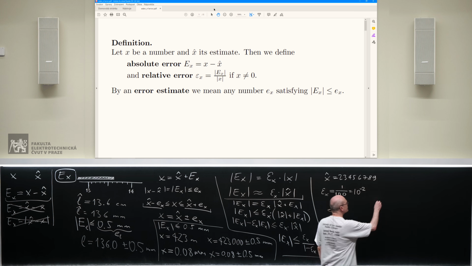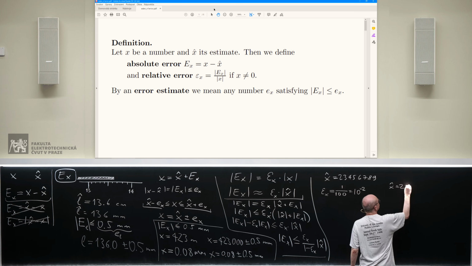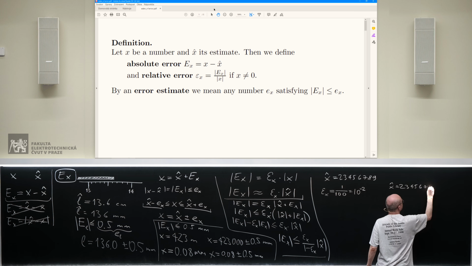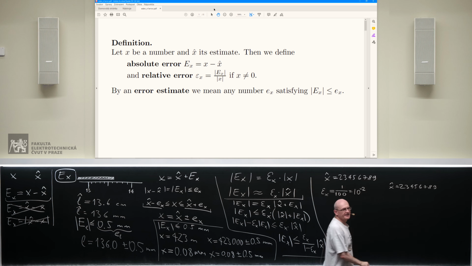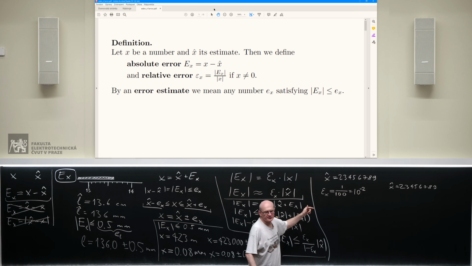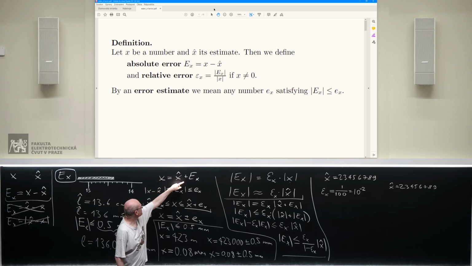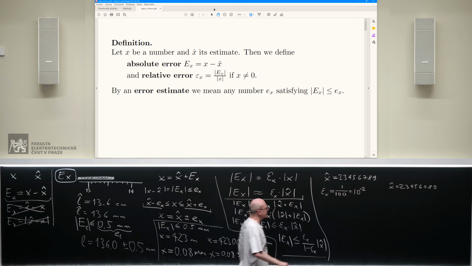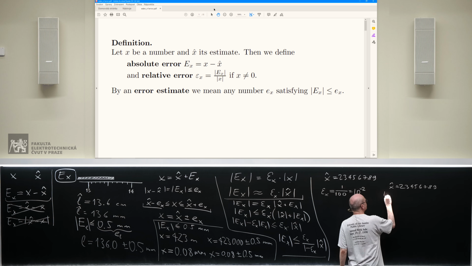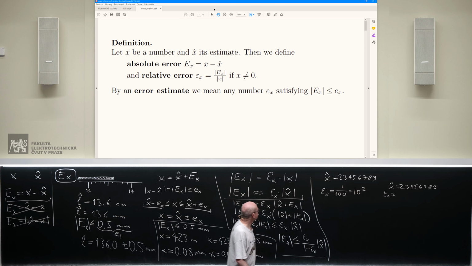This is my measurement. 2, 3, 4, 5, 6, 7. I should have taken a shorter number. Okay, what is the absolute error? Because we need the absolute error to see the range, over here or over here. So, the absolute error is bounded by a number which I obtain by taking the relative error and multiplying the estimate with it, the approximation.